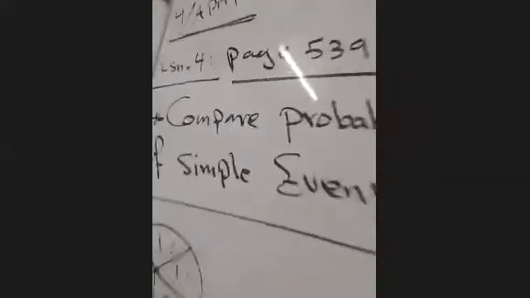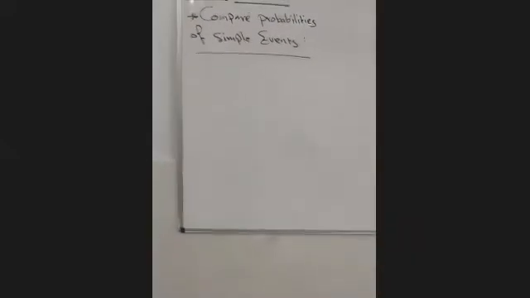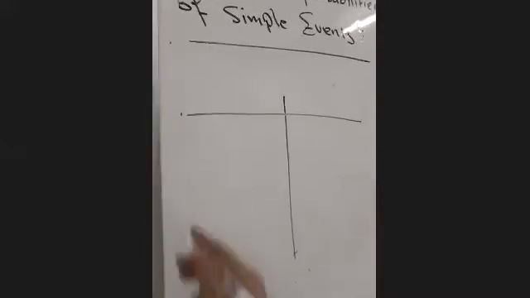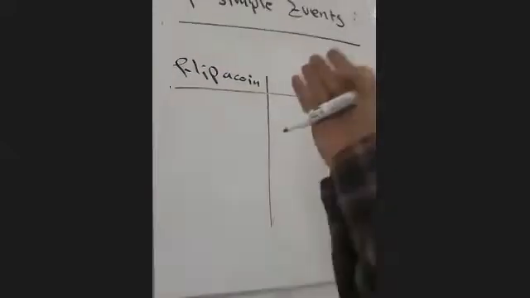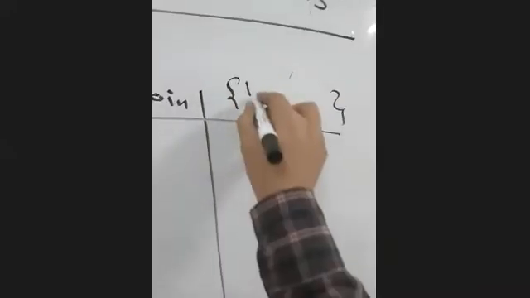Today we will compare probabilities of simple events. It means if we have 2 experiments at the same time, okay? For example, look here at the board, please. If we have 2 experiments at the same time, like here, flip a coin, and here I will choose a number from these numbers.